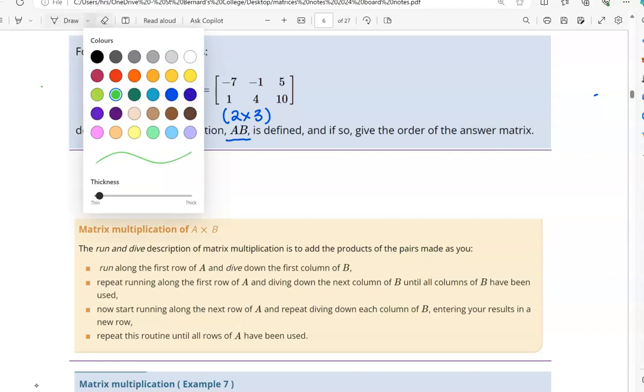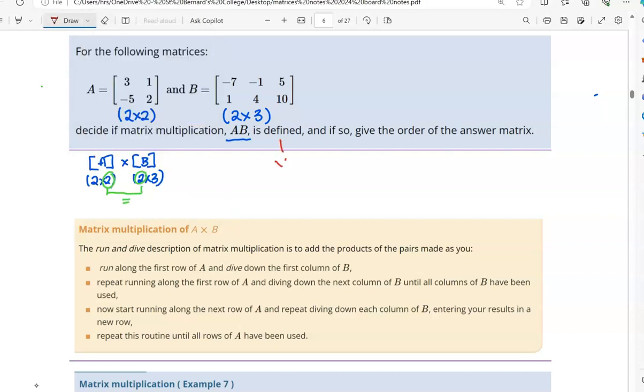So we can say, is it defined? Yes, it is defined. Let's write why, because sometimes they ask you that in a test or an exam and you need to justify it.